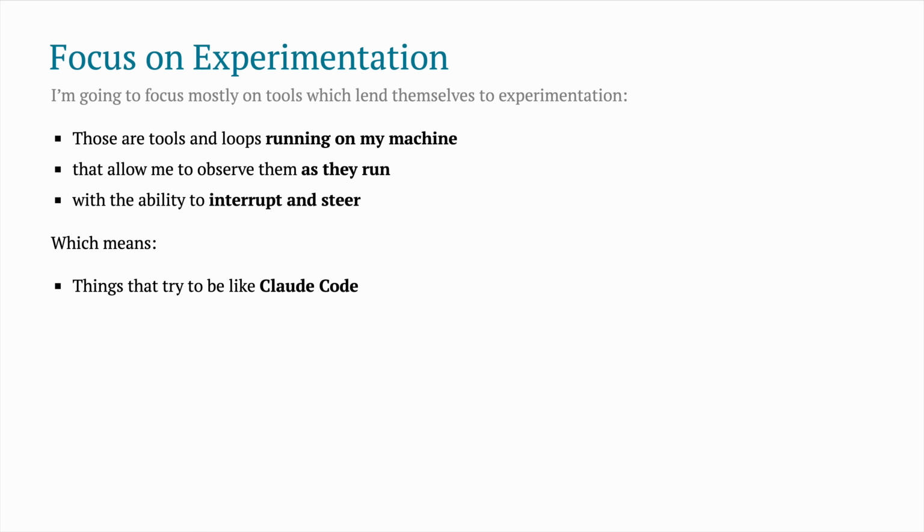And to create these tools, you're kind of in a situation where you want to be able to see what they do and interrupt and steer them. So it's a little bit of a combination of both hands-off and hands-on, which is very different from tools which are fully detached. Devin is a good example here.